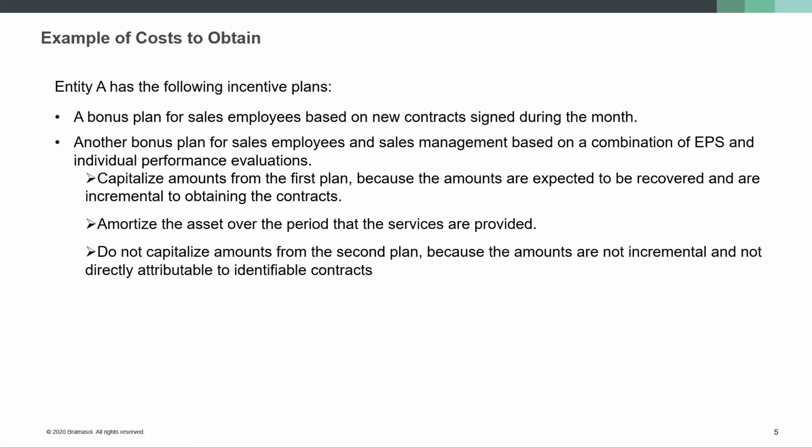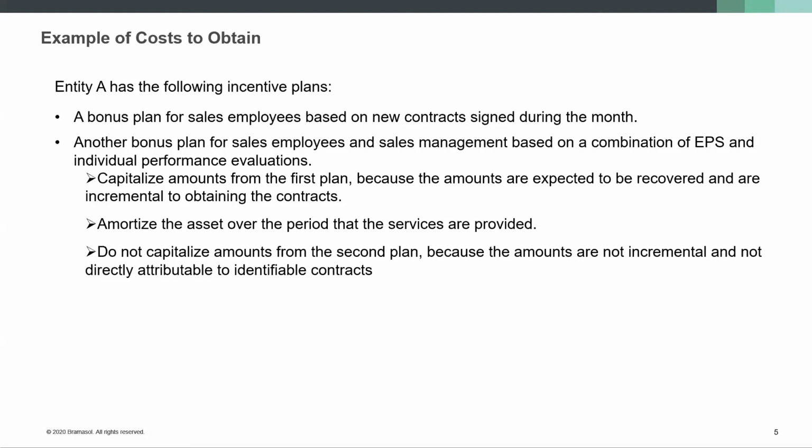An example of a cost to obtain, very quickly. A company has a bonus plan. Basically, the bonus plan is generated when a company sells revenue contracts. Basically, the takeaway here is all expenses related to commissions have to be capitalized and amortized over the period that the services are provided. So that is an incremental cost.